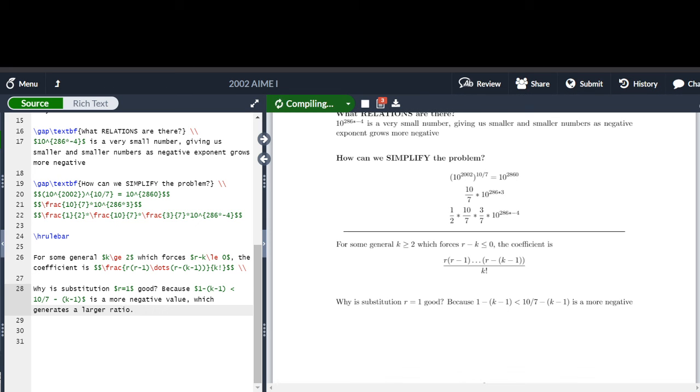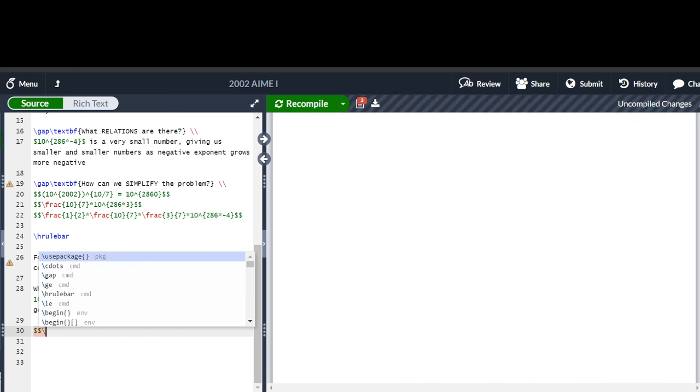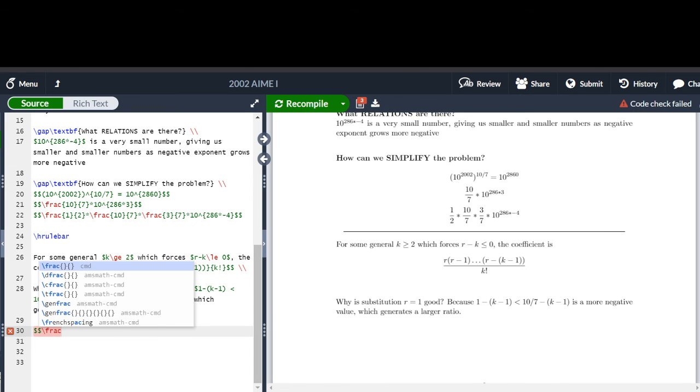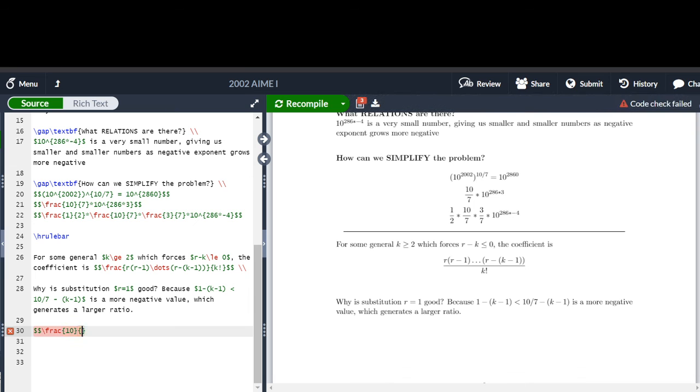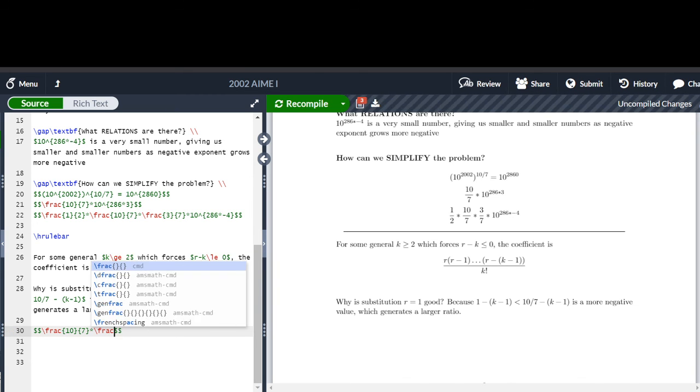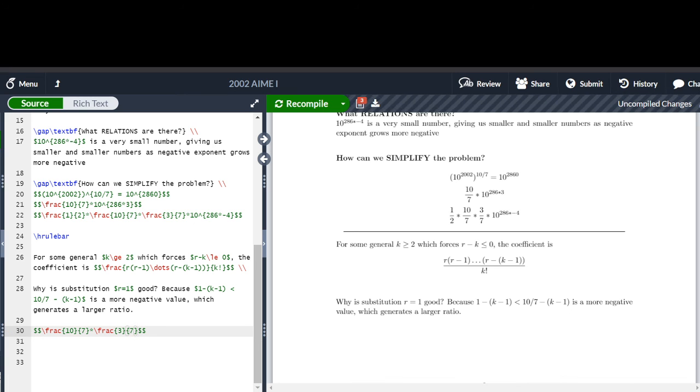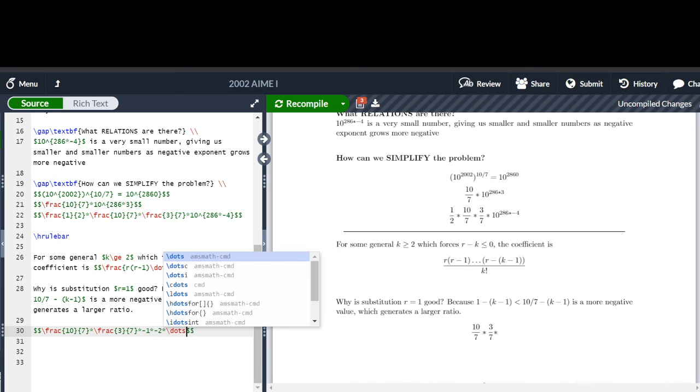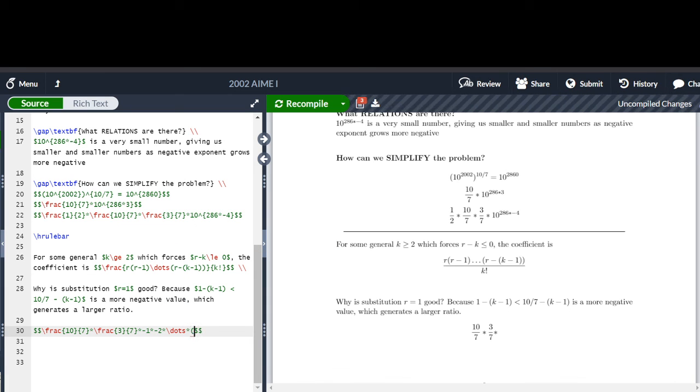So now if we substitute, we keep the numerator, so this is the numerator, 10 over 7 times 3 over 7, and all other terms will be negative, so it will be something along the lines of negative 1 times negative 2 times all the way to 2 minus k.